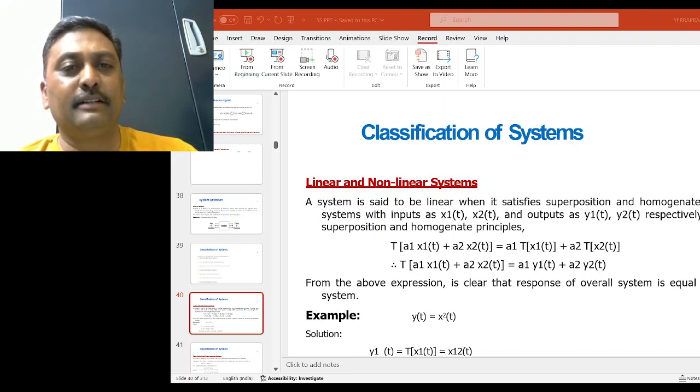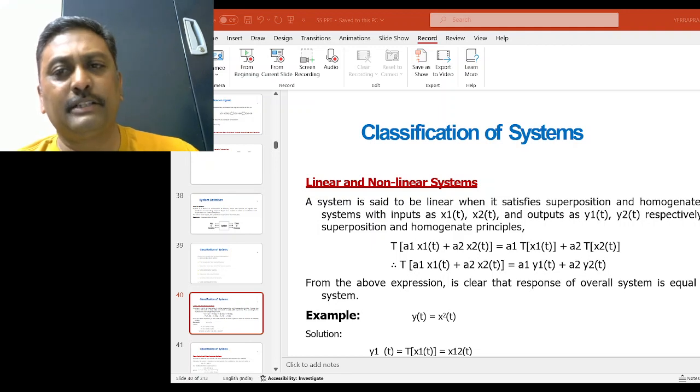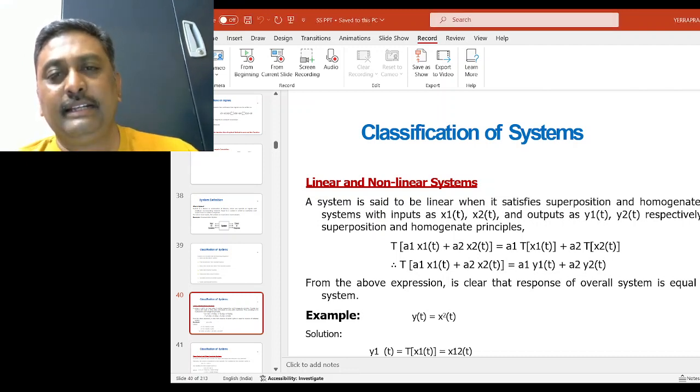A system is said to be linear when it satisfies the superposition principle and homogeneity. That is, if x1(t) and x2(t) are inputs, you should be getting y1(t) and y2(t) as the outputs, which is called a linear system.